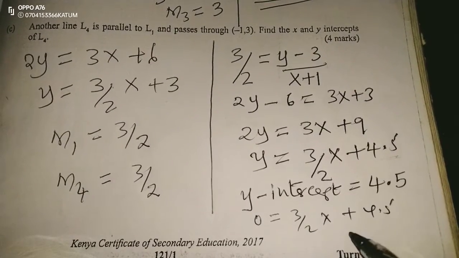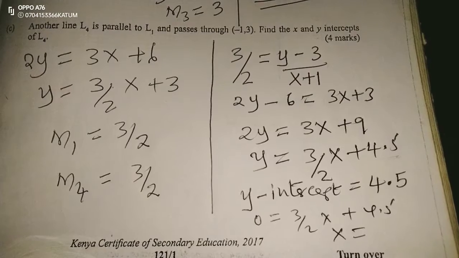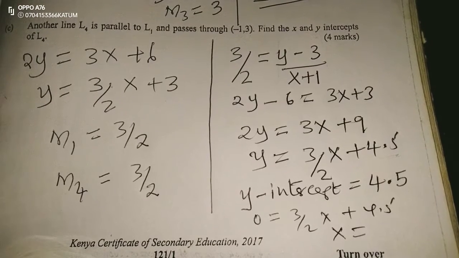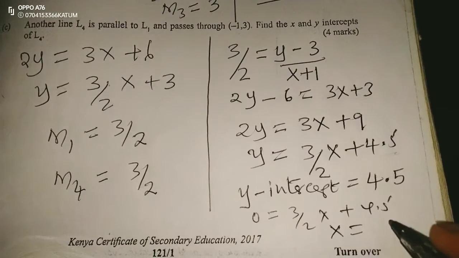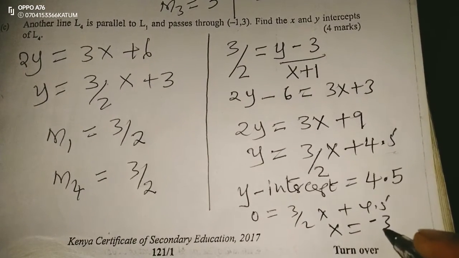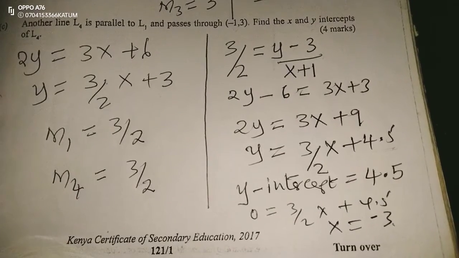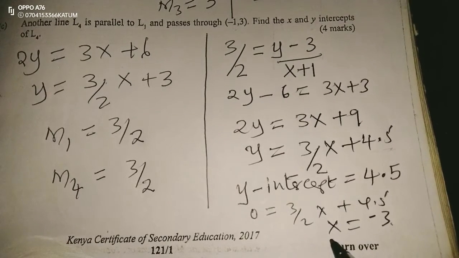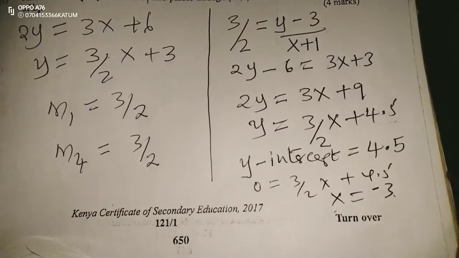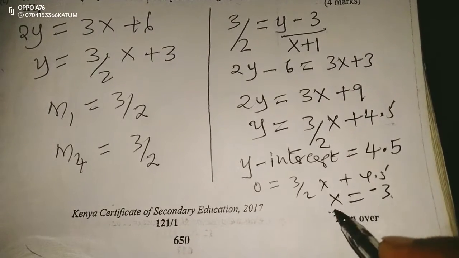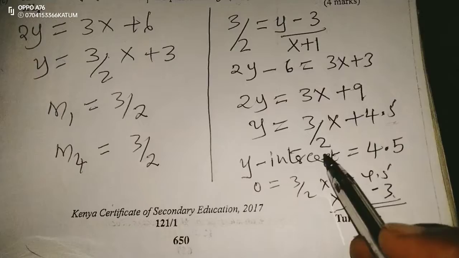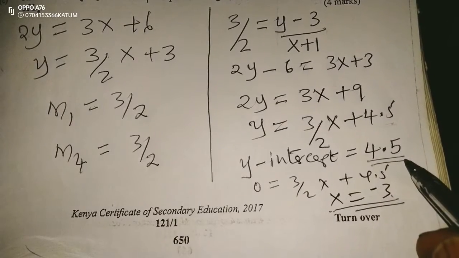So for us to get x, we need negative 4.5 divided by 1.5, or rather 3 over 2. So we're going to get exactly 3, which is negative. Now, the x-intercept is negative 3, the y-intercept is 4.5.